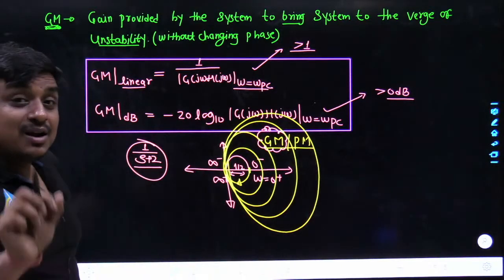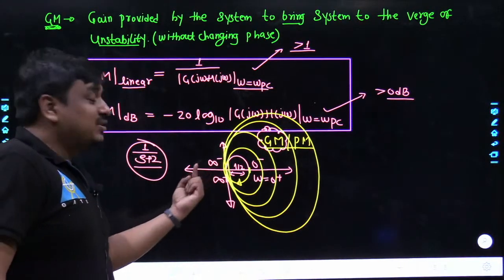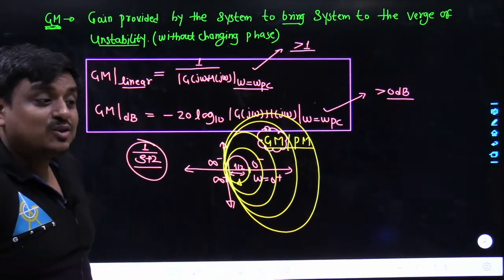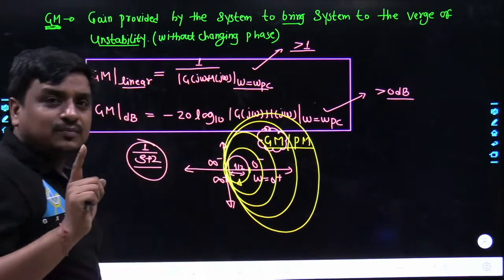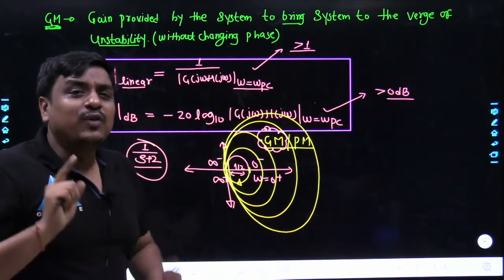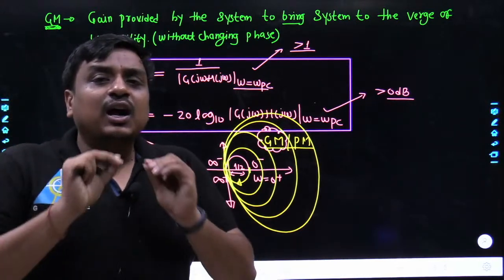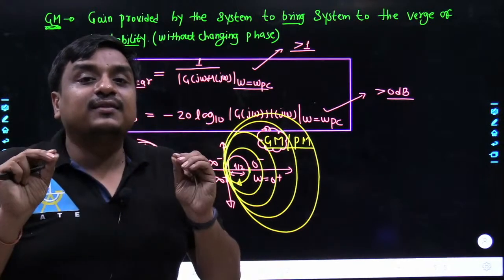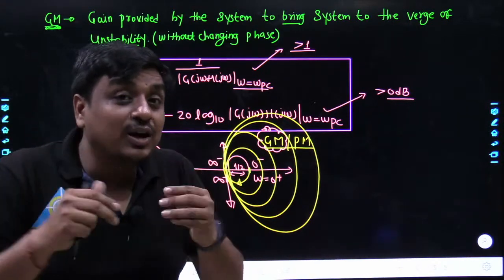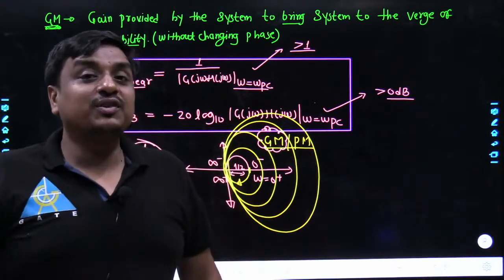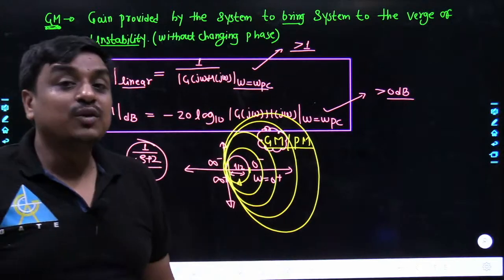Agreed? But it is never going to encircle minus 1 plus j0 unless a little bit of tilt is provided. And it has been clearly told, whenever we talk about the gain margin, I cannot touch the phase. In case of gain margin, I cannot touch the phase and I just calculate how much gain I can pump into the system such that the system reaches the verge of stability.